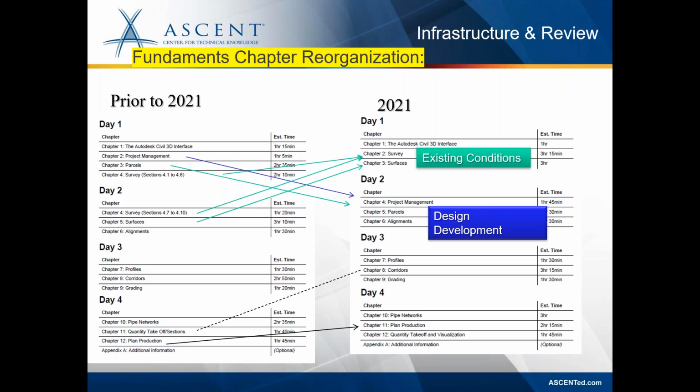And it was just so tough ending the 4-day course with the sheet set manager properties. So what I did is I moved that up to chapter 11. And I also, within the plan production, introduced sections so that the sections become part of your sheet set.